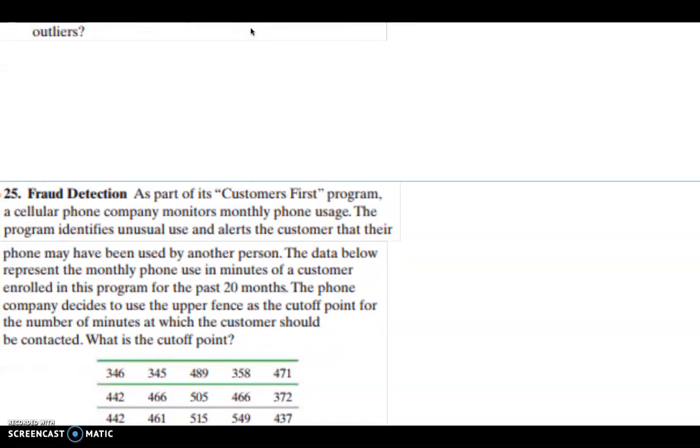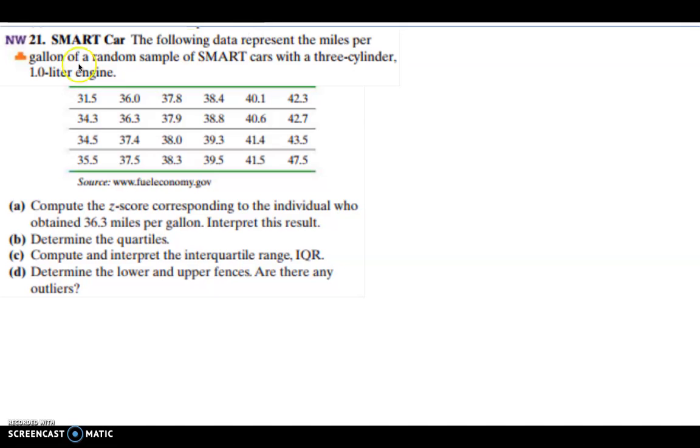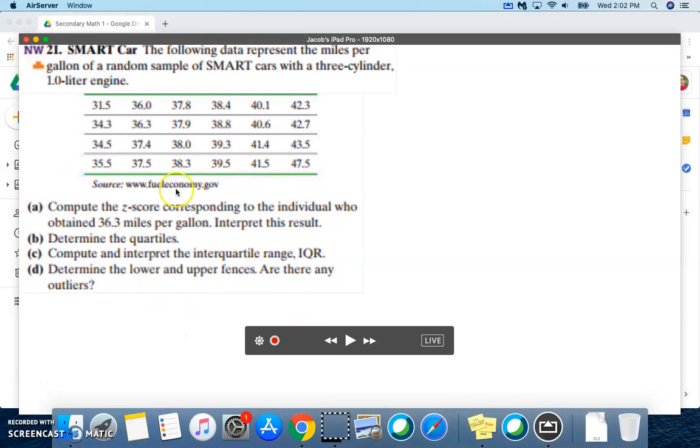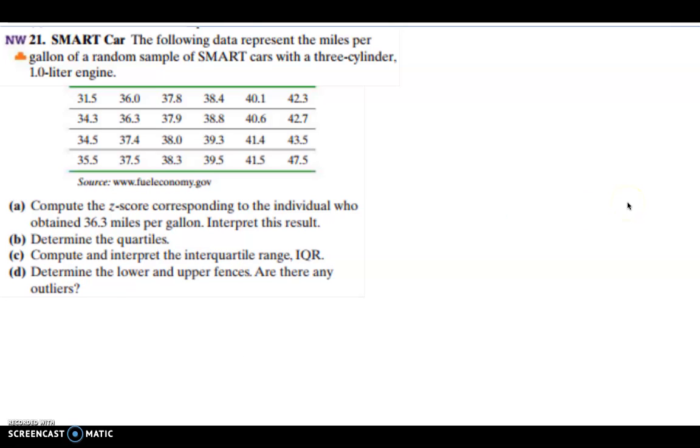So now we're going to take a look at a couple of problems. The first one is dealing with a smart car. The following data represent the miles per gallon of a random sample of smart cars with 3-cylinder 1.0 liter engines. We want to compute a z-score corresponding to the individual who obtained 36.3 miles per gallon and interpret our results.